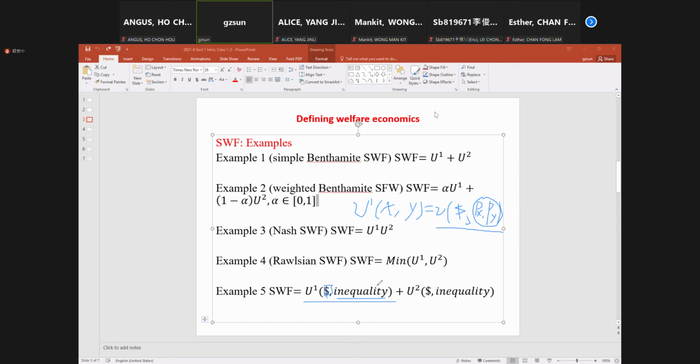The inequality could be inequality in income, in ranking, or in consumption. For example, if you find all your friends travel internationally to Paris, to New York, to London, to Tokyo in the summer, and you feel bad because you didn't, that's a kind of inequality in consumption.